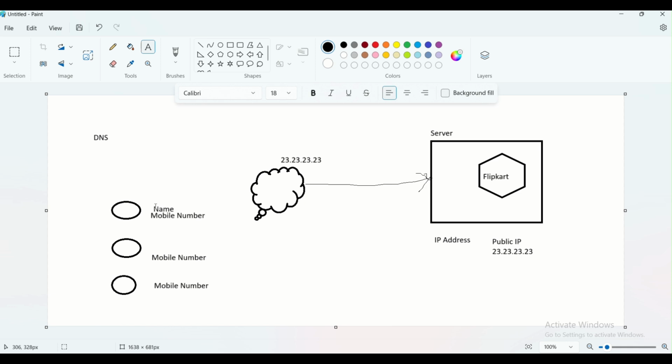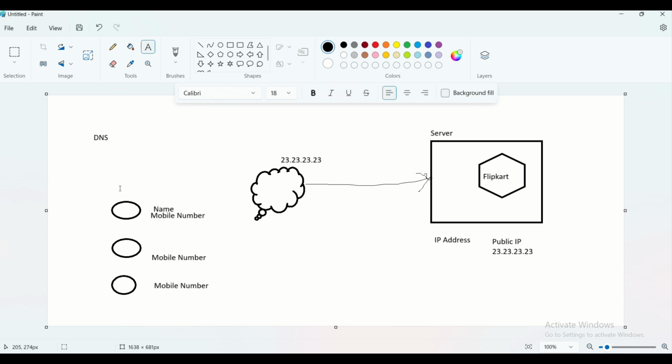You can call that name, and in the back end the mobile resolves the mobile number associated with that name and initiates a call to that number. It's a middle mechanism that allows you to map a name with a mobile number, so that when you call the name, it resolves the backend mobile number and reaches that number. The same concept applies in DNS also.